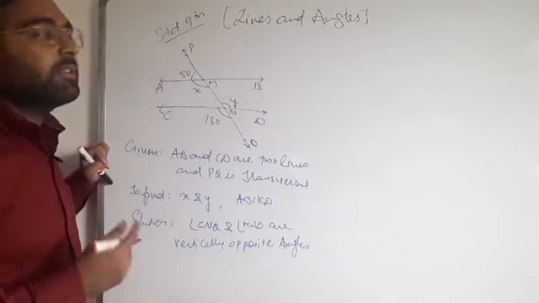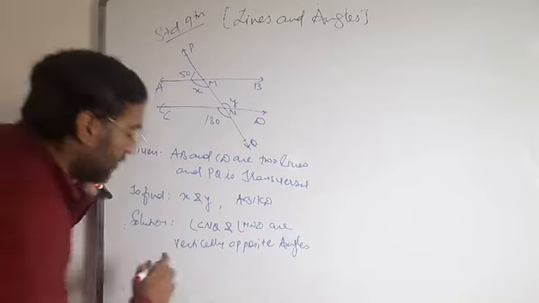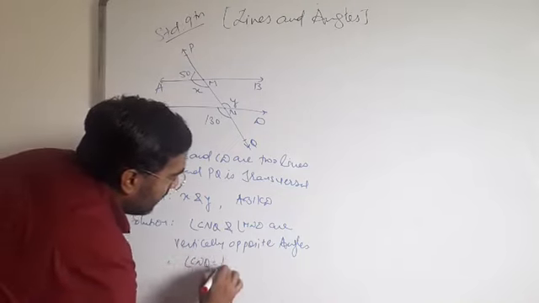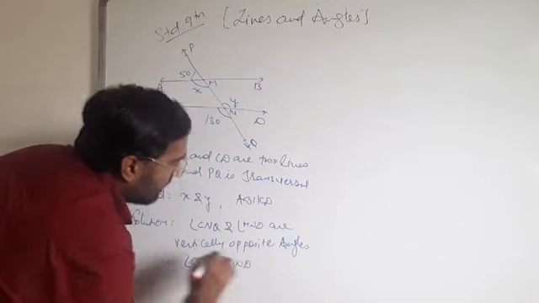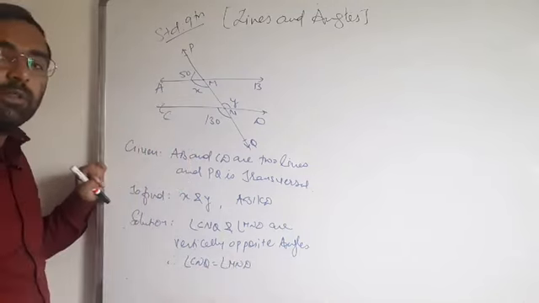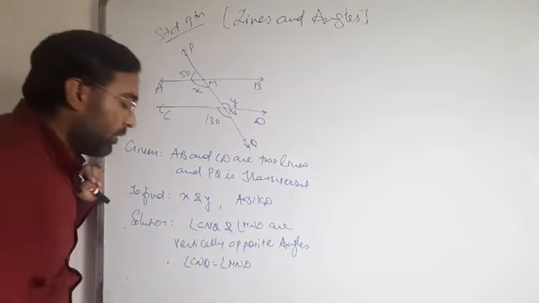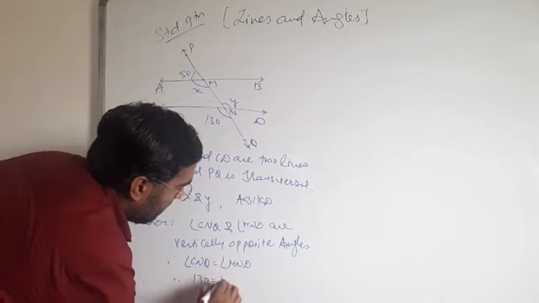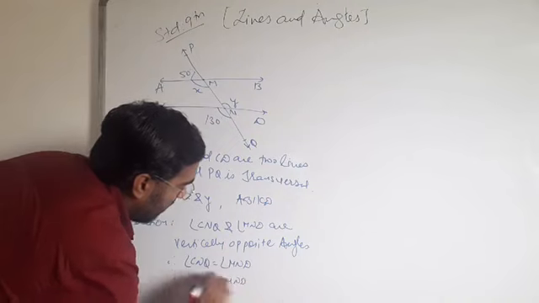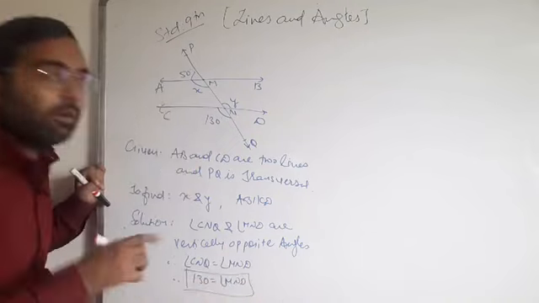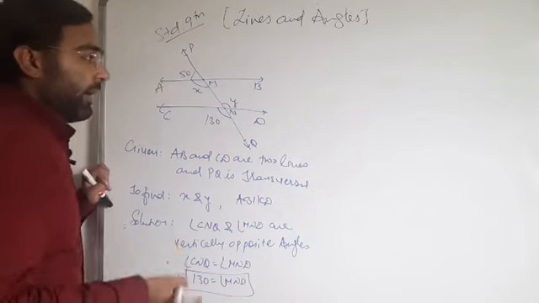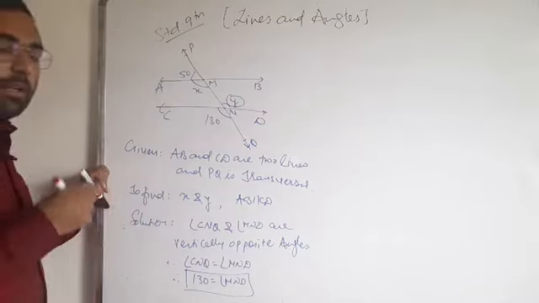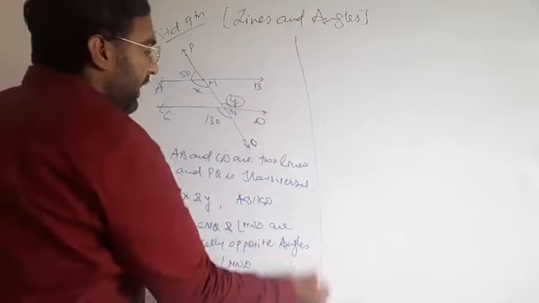Okay, so vertically opposite angles are always equal, so we have to write that therefore angle CQ is equal to angle MD. Then CQ is equal to 130 degrees, so we can write that 130 degrees is equal to MD. So the value of MD is 130 degrees, and MD is denoted as y.